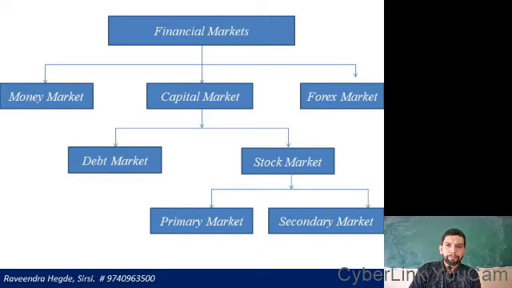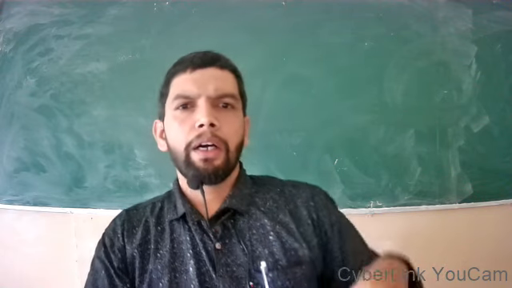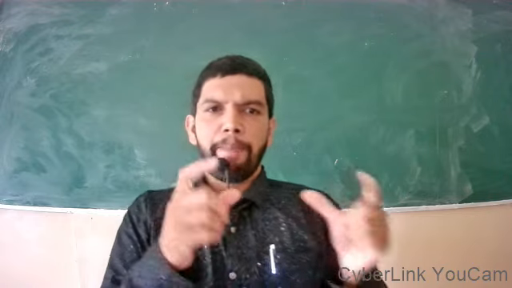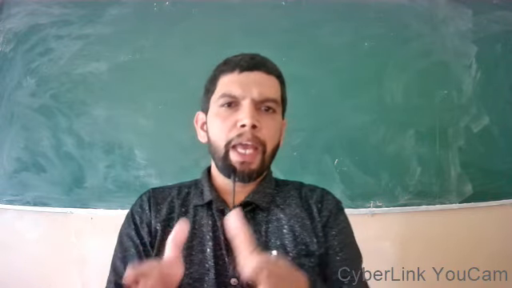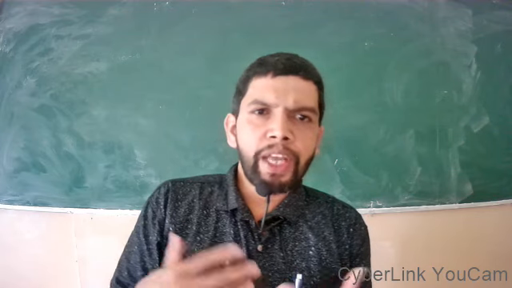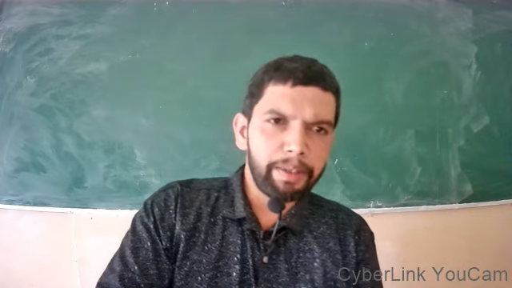Now, let us understand what is primary market and secondary market. Let us assume that a company is coming up with a public offer. That means an IPO or FPO is announced by the company. The company is coming up with a share issue and the public, who are investors, are subscribing.